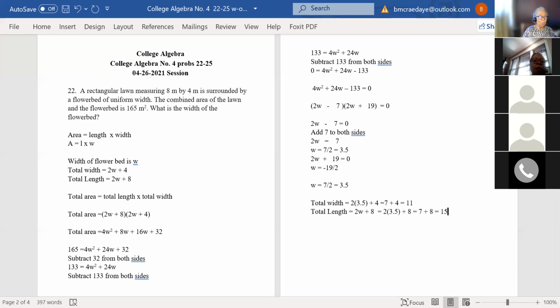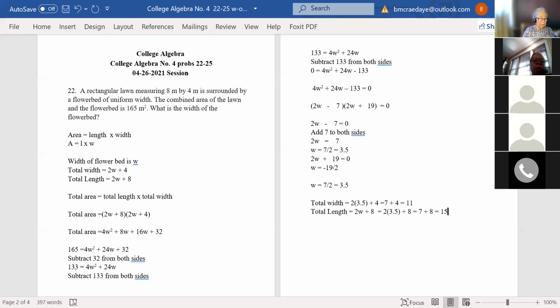Now, what would be the length of the flower bed? You gotta multiply the two. The width of the flower bed. No, the width of the flower bed is really the 3.5.